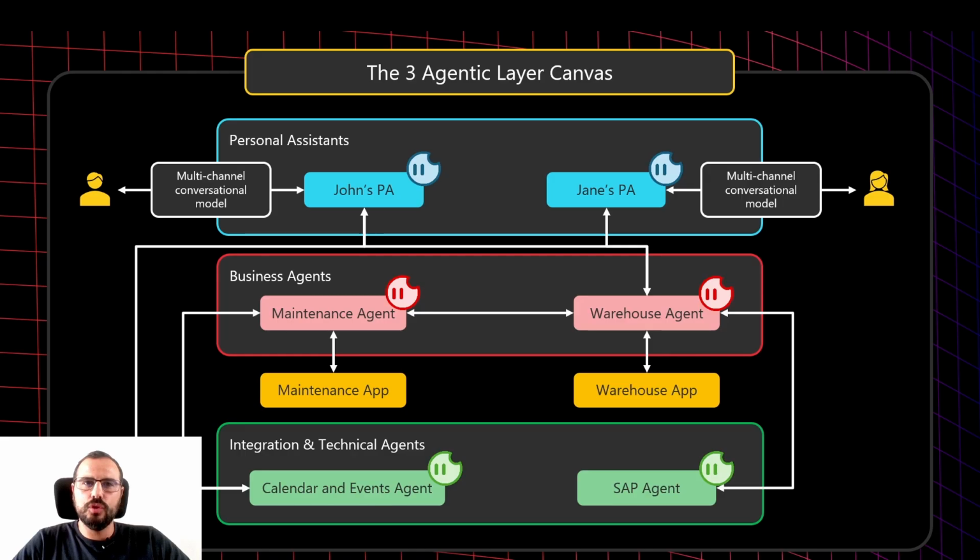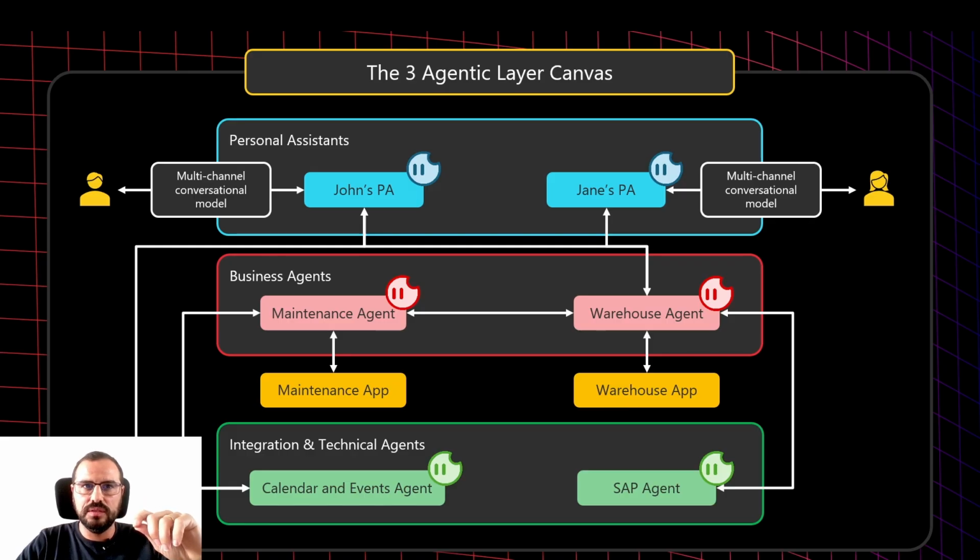And most of the times, those two reasons depended on whether the agent was supposed to interact with users and perform tasks on their behalf, or the other scenarios were that the agents were really more close to the business domains and they would perform tasks to optimize or even help the business by performing automatized tasks, right? So this was the reason why I first came up with these two layers, the personal assistants and the business agents.